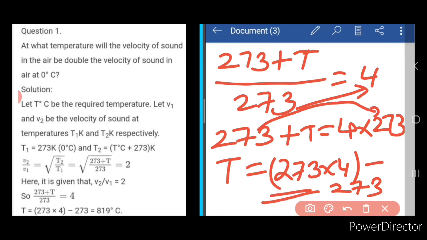When you simplify this, you will get 819 degrees C. So at the temperature 819 degrees C, the velocity of sound will be double the velocity of sound at 0 degrees C.